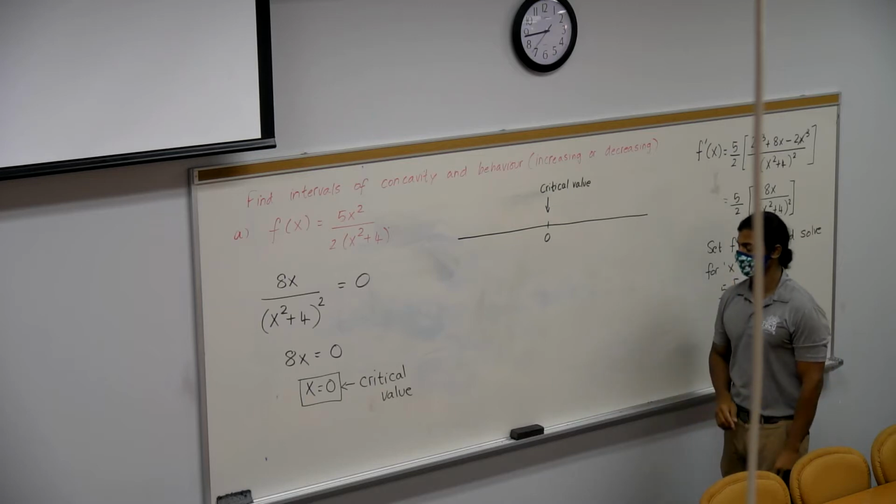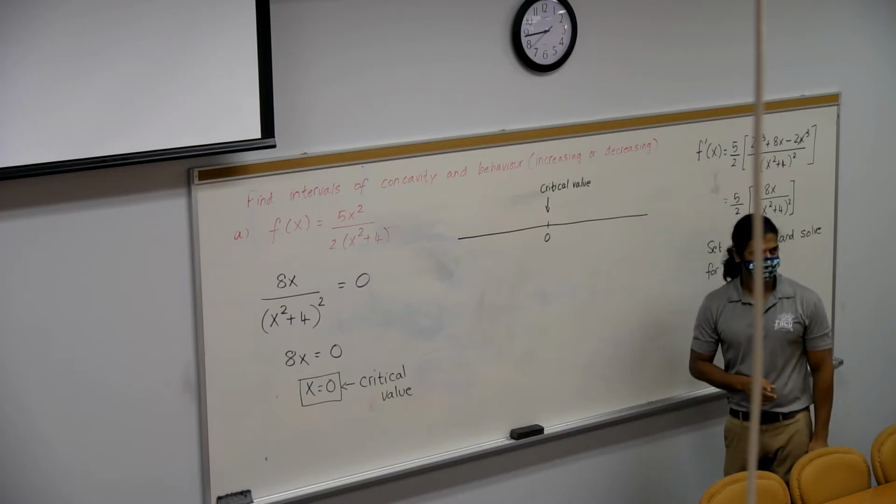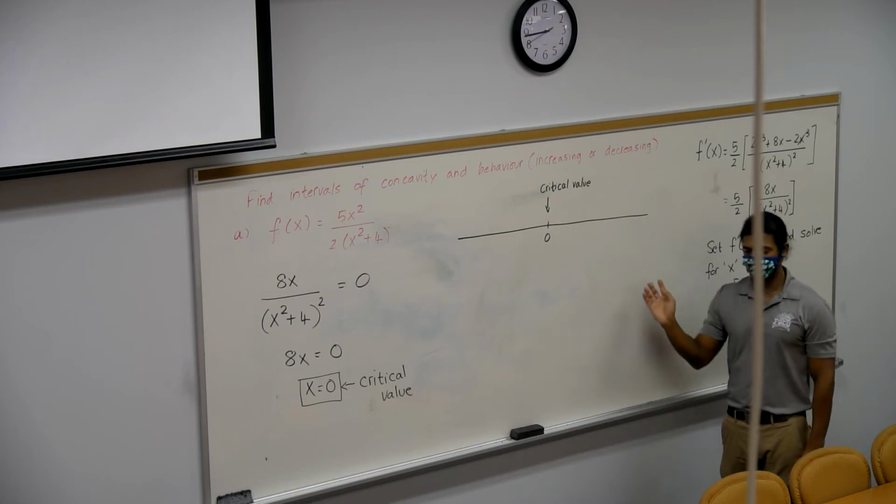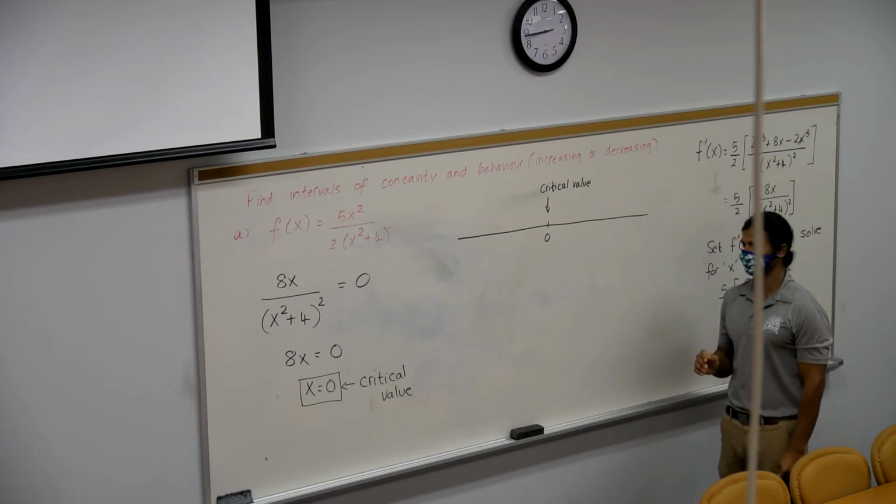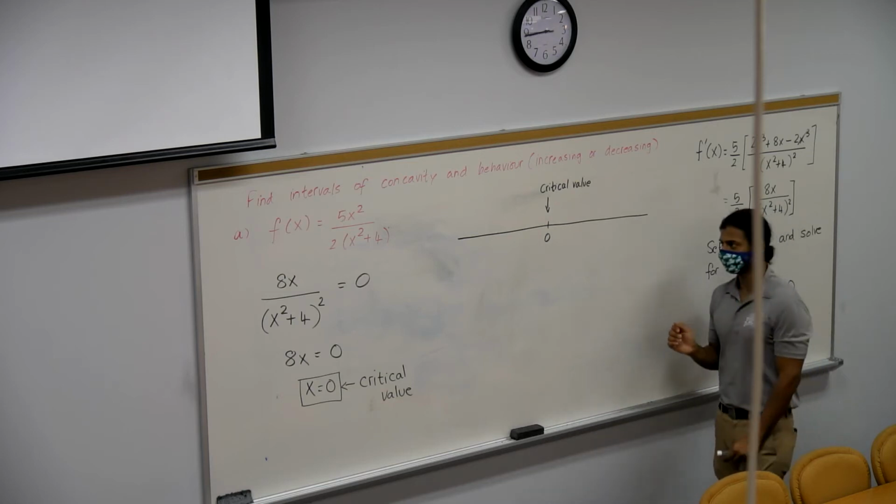What should we do now? We have to pick an easy number on each side of 0, which is the critical value.